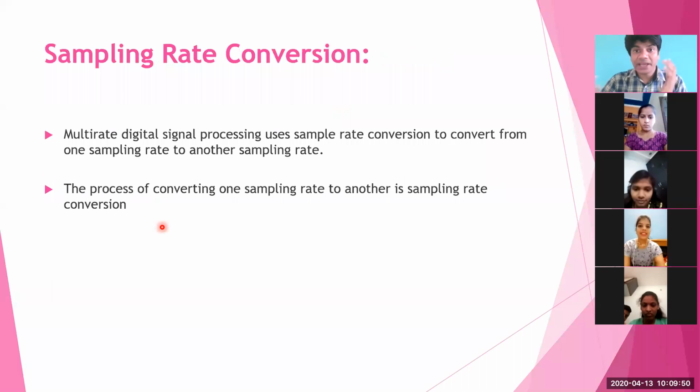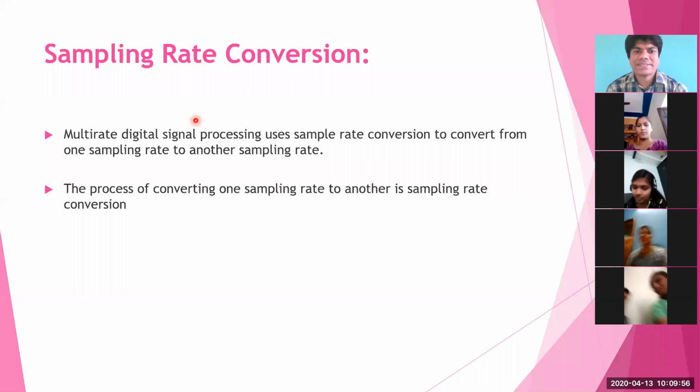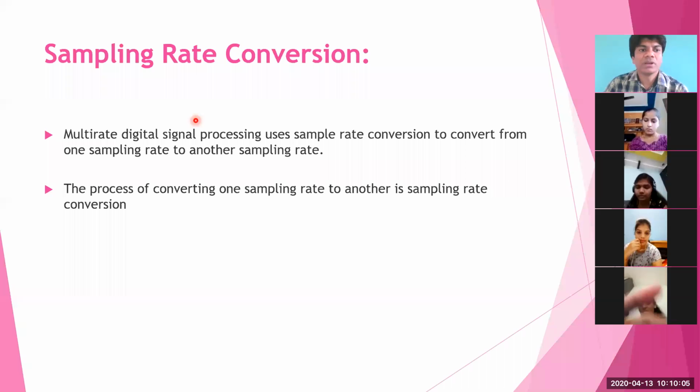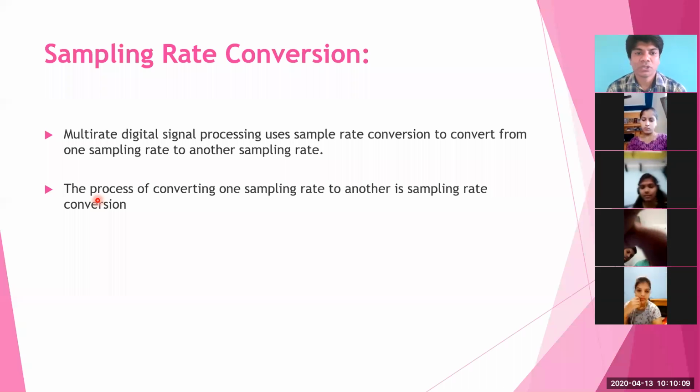Okay. Next slide. As you can see here, how do we achieve this sampling rate conversion? So first we will see what exactly we mean by sampling rate conversion. It's very simple. It is a process of converting one sampling rate to another sampling rate. As simple as that.